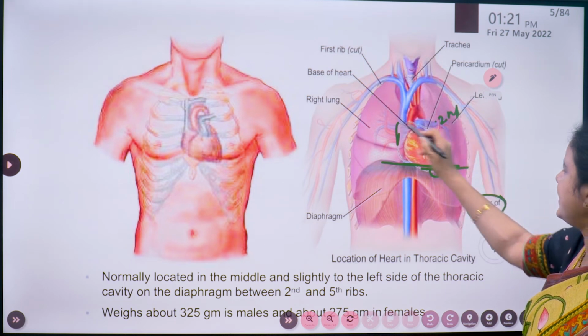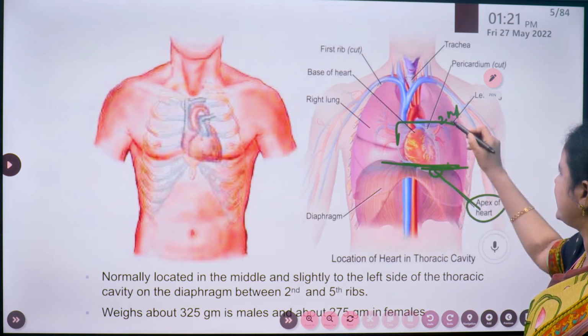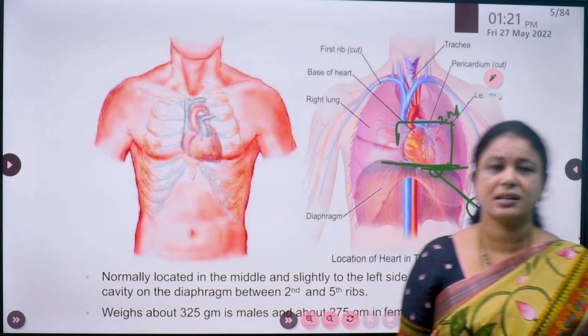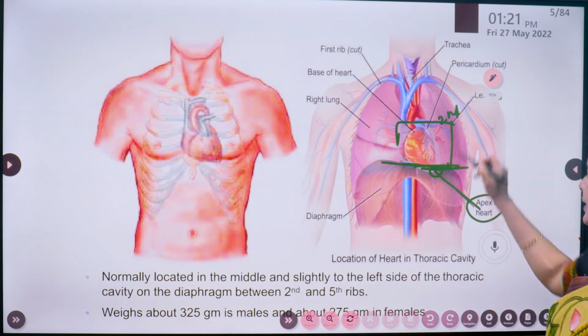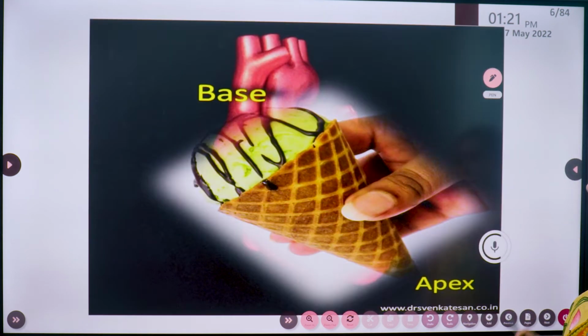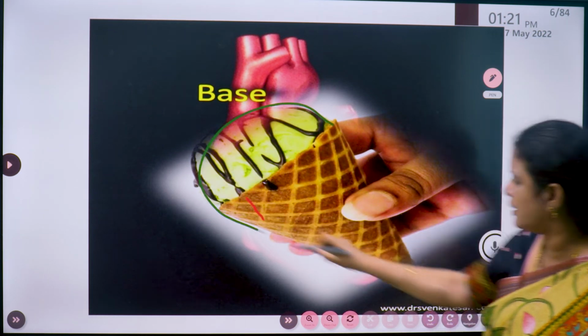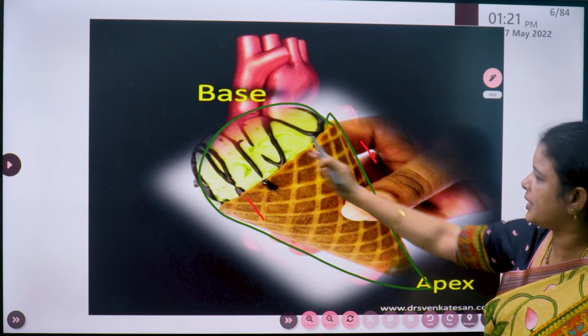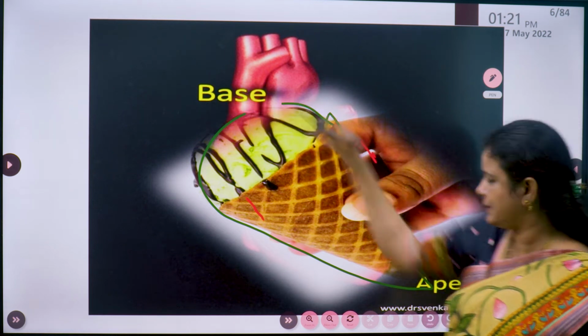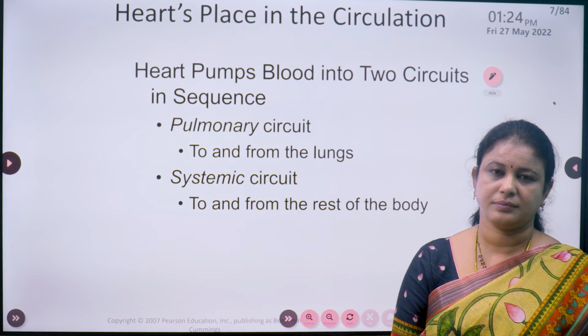The heart is a cone shaped organ, with the base and the apex.